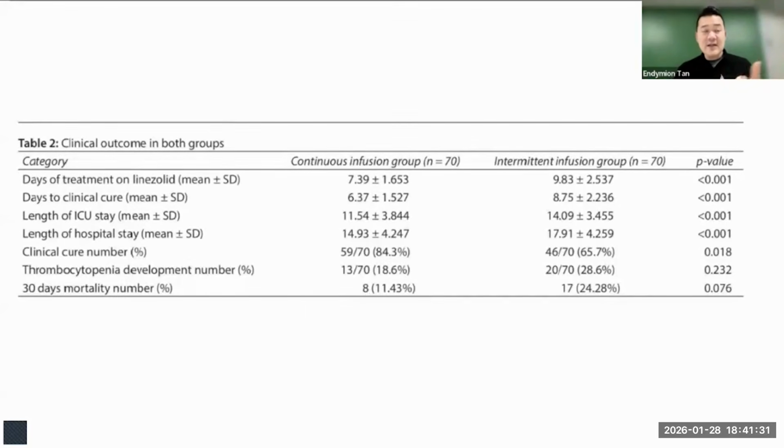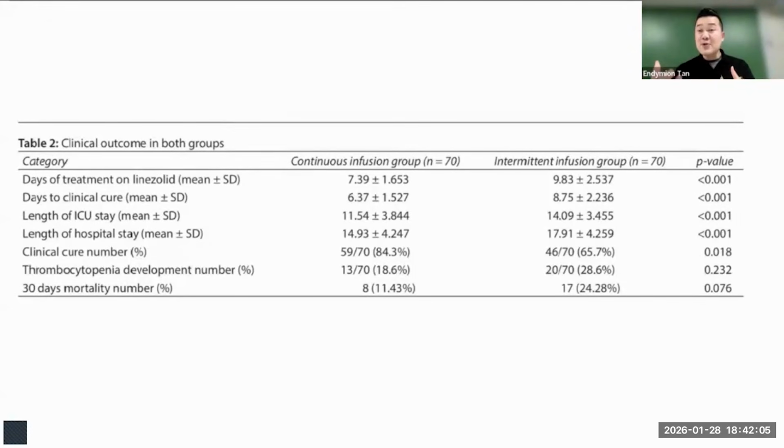to give your linezolid. Since we have discussed that this is a very wise option to choose among your septic patients with MRSA, then maybe the next thing we can look into is how should we give it? Should we give it as a continuous infusion or intermittent? Or maybe later in the question and answer portion, some of the audience or colleagues of mine, you can type in your experiences, ask questions, or tell us if you have tried continuous versus intermittent infusion.